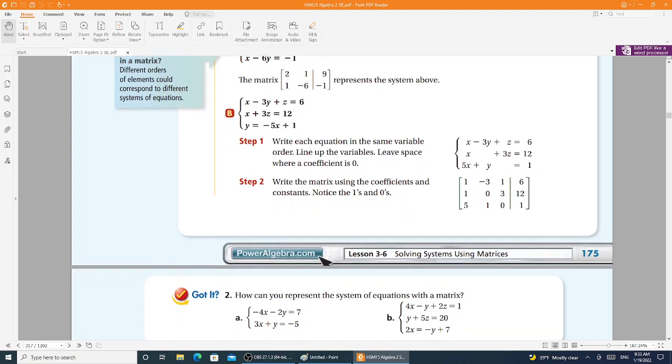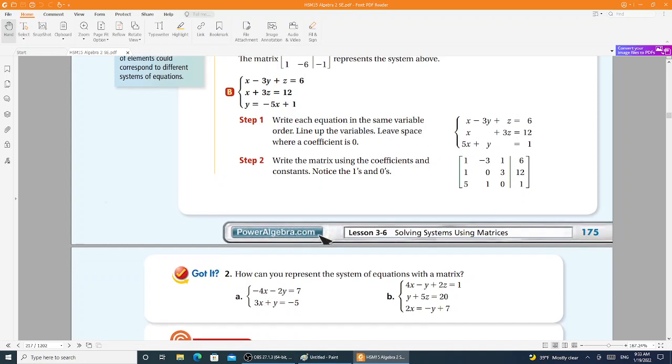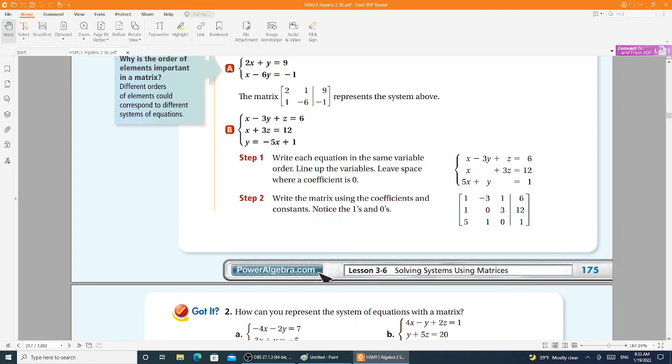And look at this system B. x minus 3y plus z equals 6, x plus 3z equals 12, y equals negative x plus 1. Rewrite each equation in the form ax plus by plus cz equals r.